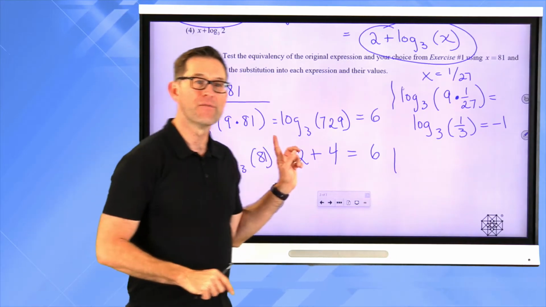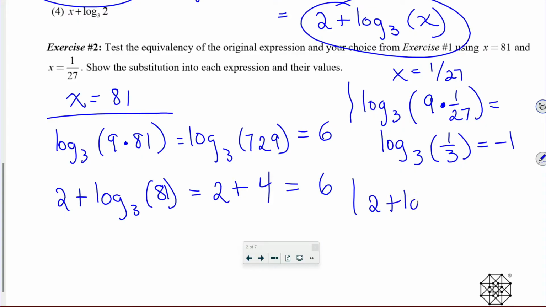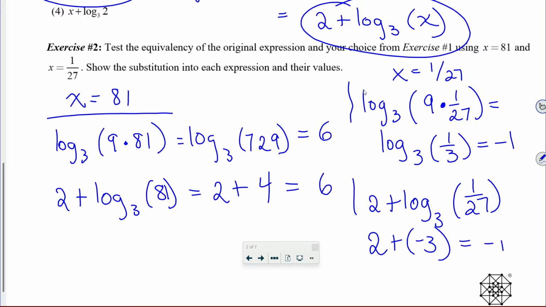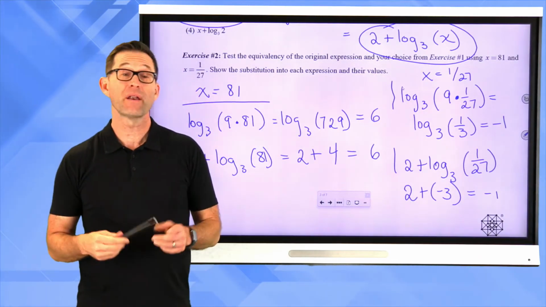On the other hand, if I do it in this particular expression, 2 plus the log base 3 of 1/27th. Log base 3 of 1/27th is -3 because 3 to the -3 is 1/27th. 2 plus -3 is -1. That one I didn't even need to use my calculator on, but I could.